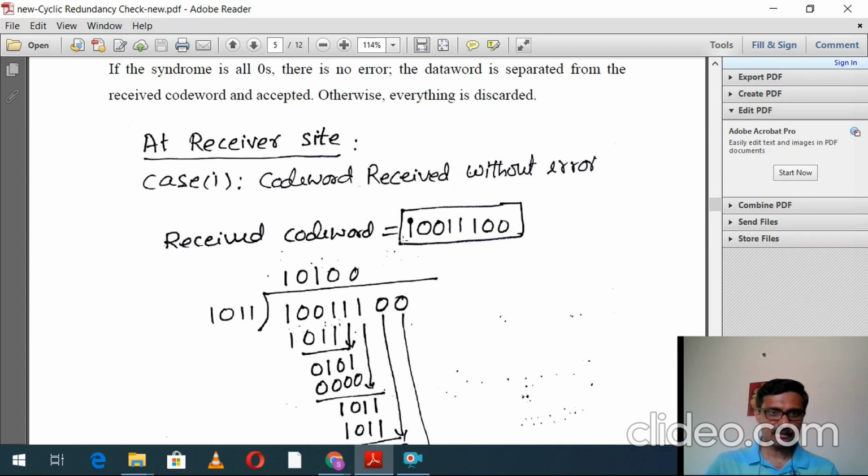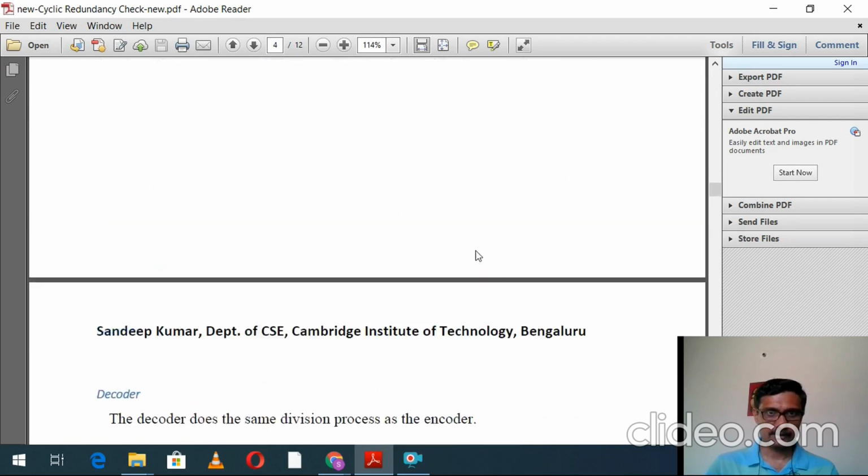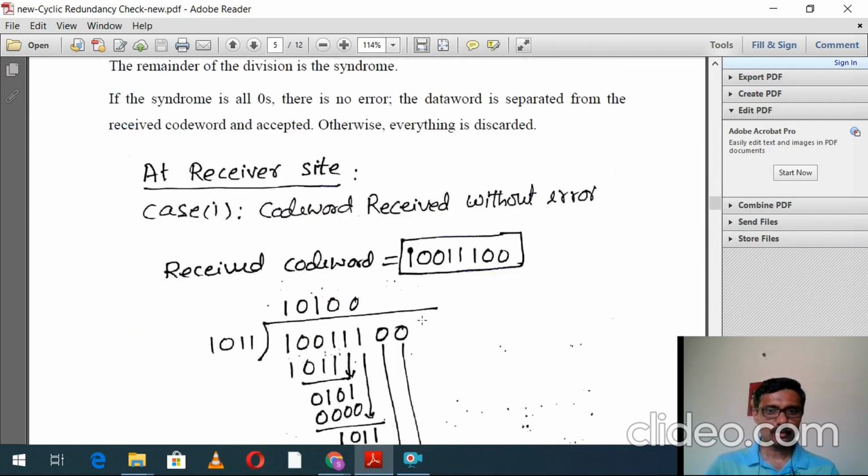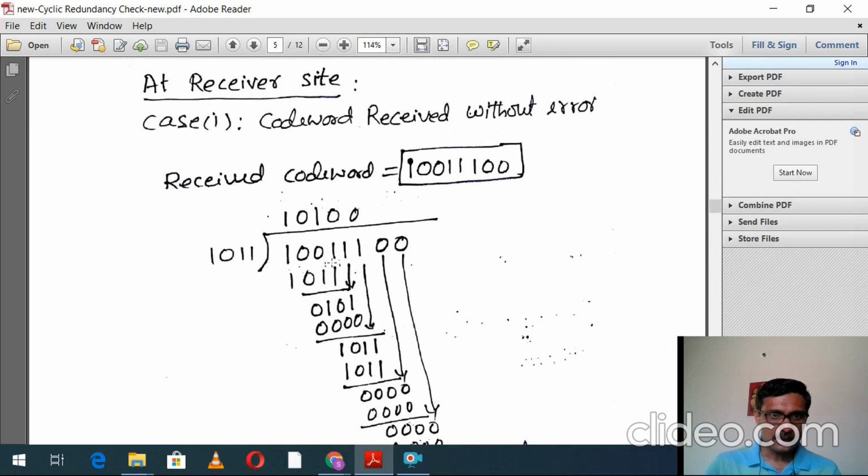That means the received code word is the same as the sent code word, so no error as it is received. The decoder will perform the division operation for the received code word using the same divisor which is used at the sender side.